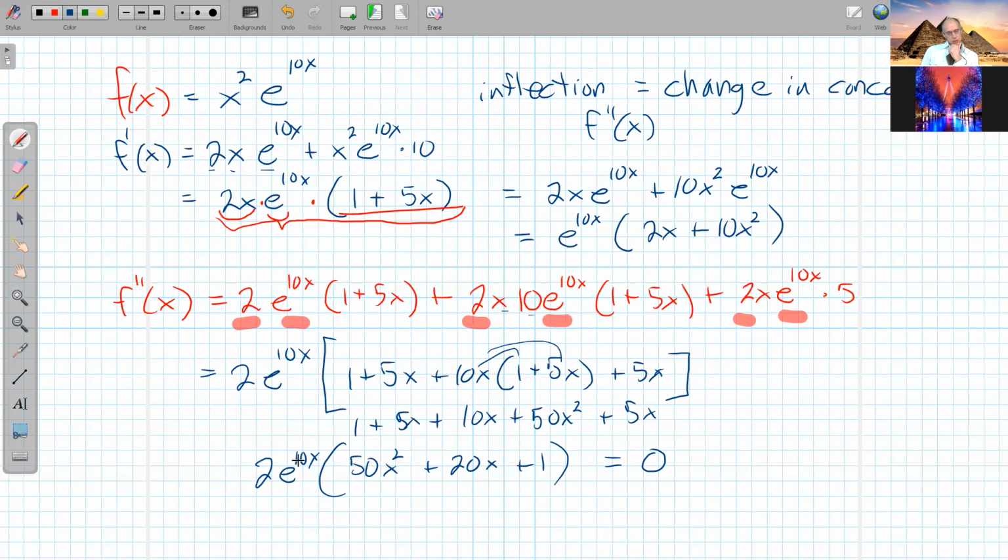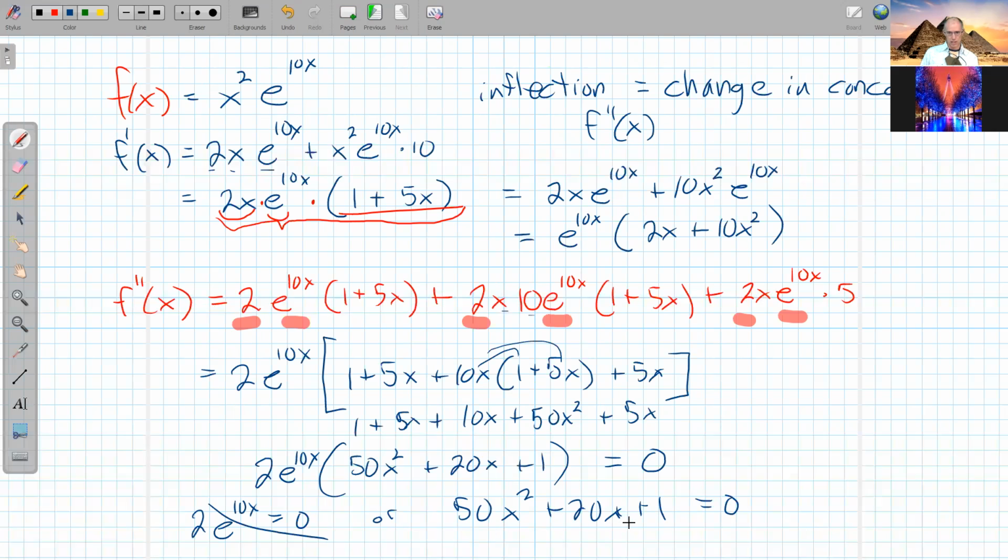Now, e to a power can't be 0. That's not possible. So this breaks up into two possibilities: either 2e to the 10x equals 0, which doesn't happen, or 50x squared plus 20x plus 1 equals 0.